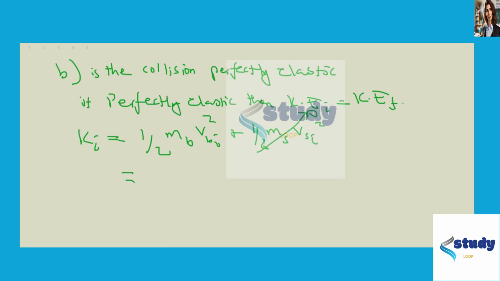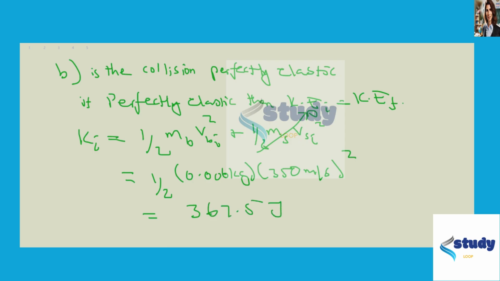And when we plug in the numbers, we get 1/2 mass of bullet, 0.006 kilograms, and then the initial velocity of bullet, 350 meters per second squared, and that's going to give us 367.5 joules. That's the initial kinetic energy.